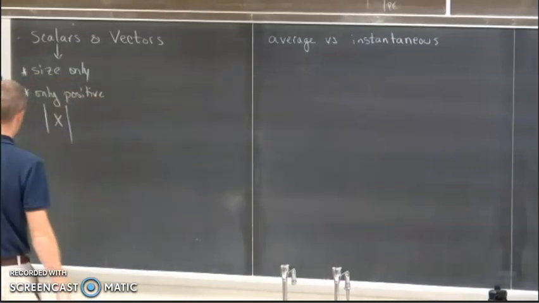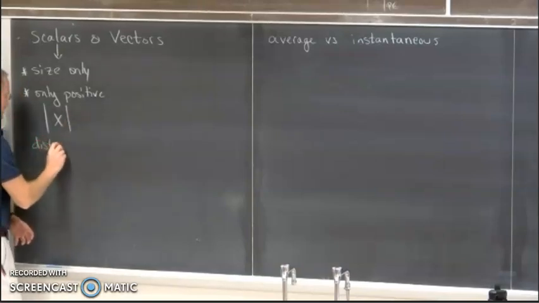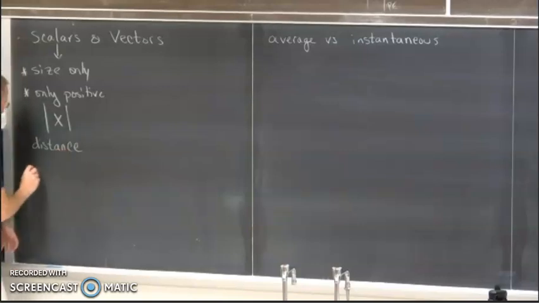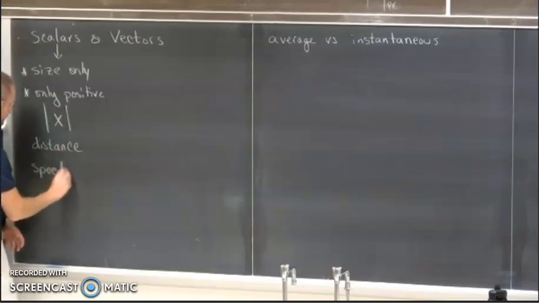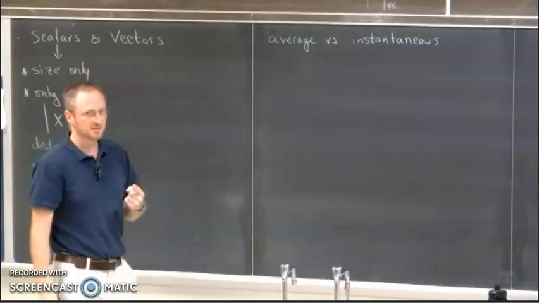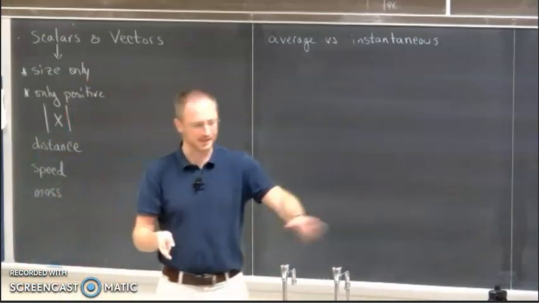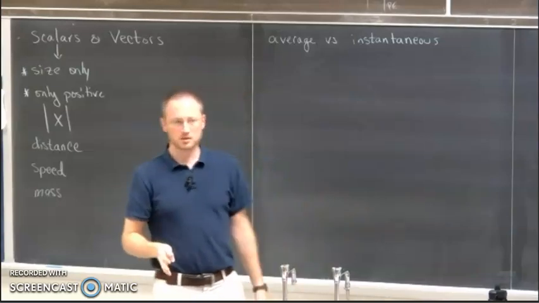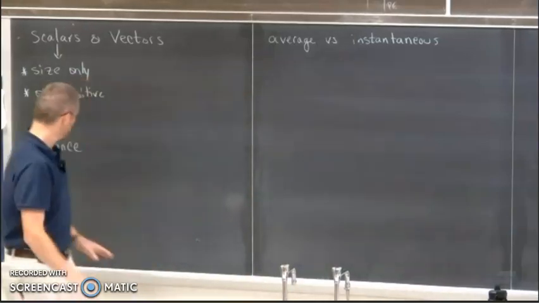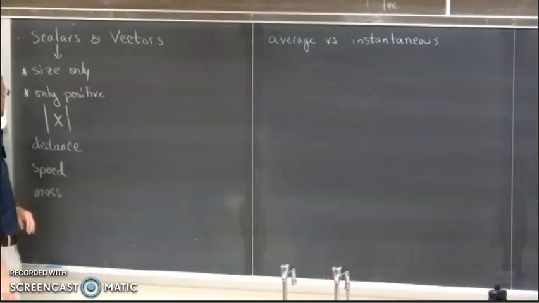Some examples that we're going to be using are distance, speed, mass, time. Time's an interesting one because we don't do negative time. We only start time at 0 and then count in the positive direction. So we're only ever going to look at positive times, but time doesn't really fall in either one of these categories. We just say, nope, time's going to be positive.